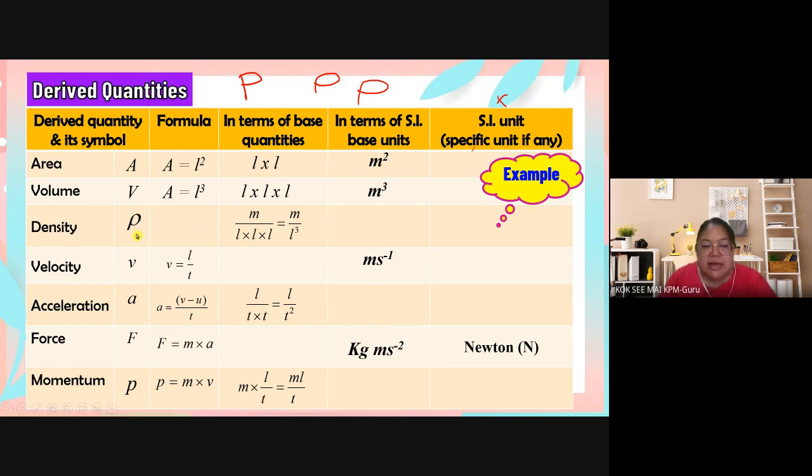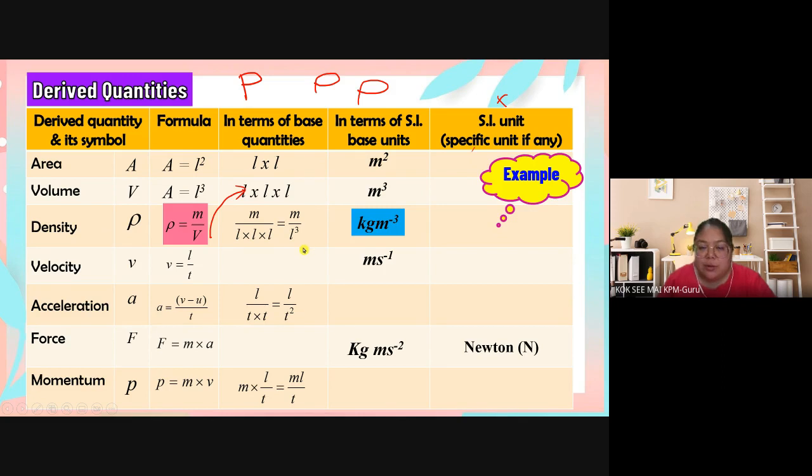So this is density. The density formula is mass over volume. Mass is already a base, so I put m. Volume is three L, so I put L multiply L multiply L. So finally it becomes m, mass over L cube.